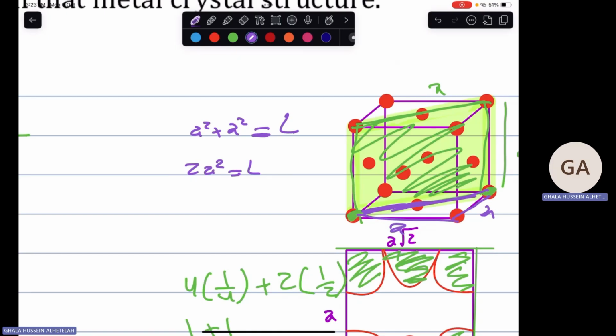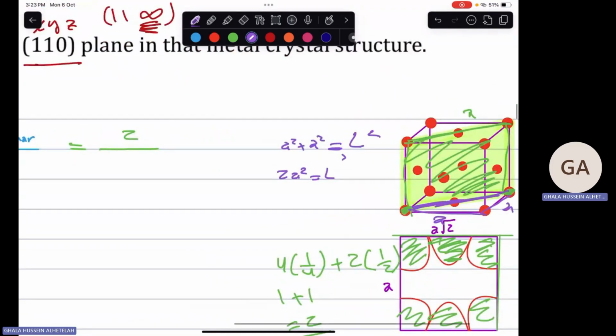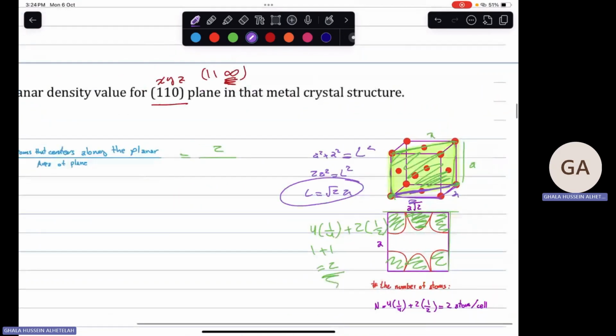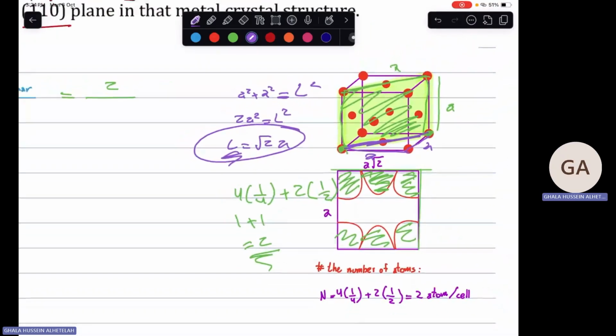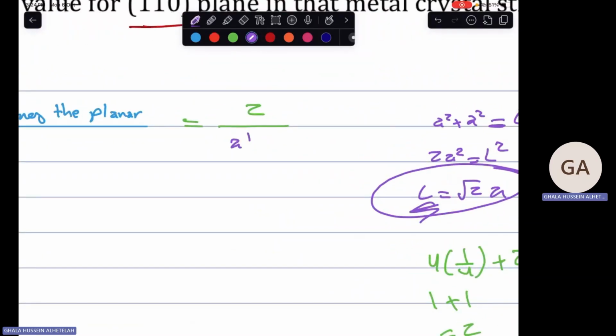Take the square root, L is going to be square root of 2 a. Okay, just plug in this. This is going to be the length of our shape, multiplying by the width, which is a. So the area is going to be a multiplying by square root of 2 a.